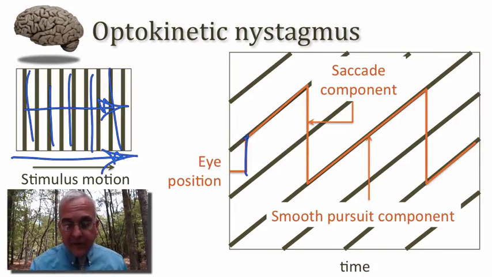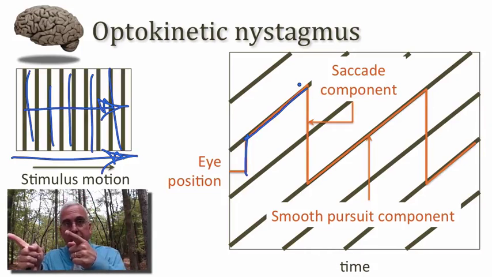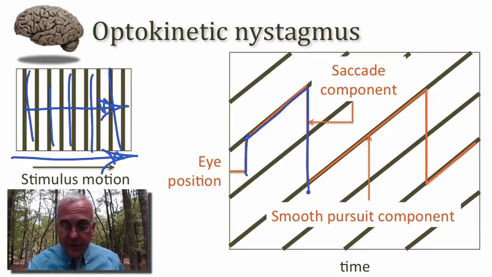And then as that object passes in front of us, we essentially make a smooth pursuit eye movement. But very quickly, our eyes reach the limit of excursion in the orbit, and it causes us to make a quick saccadic-like movement where we reset and acquire the next object that allows us to track using our smooth pursuit system.